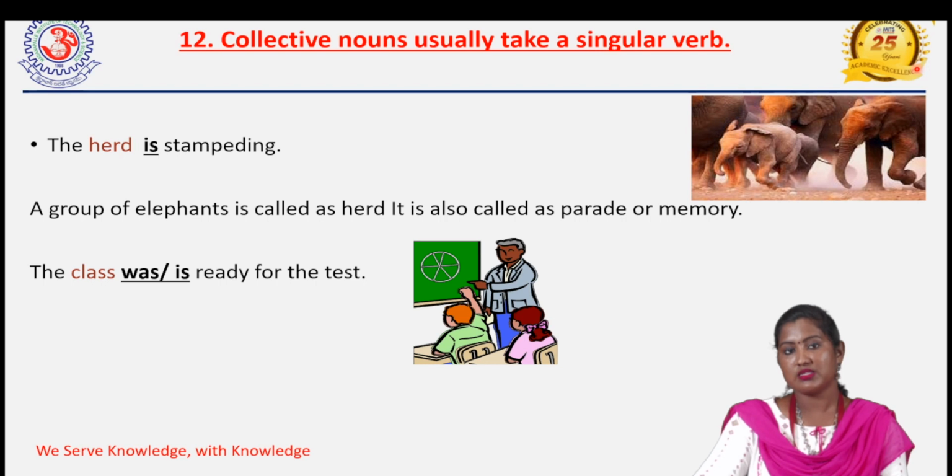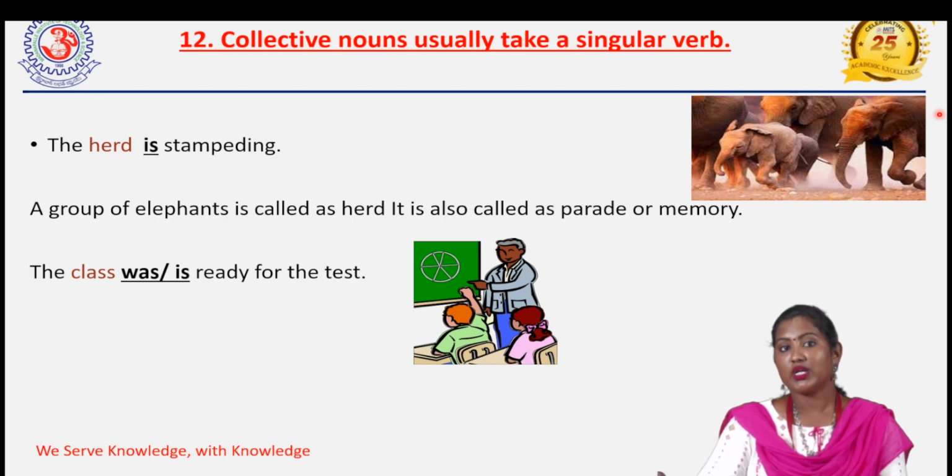Collective nouns we always treat as singular. So the herd is stampeding. Sorry, herd is stampeding. That is the right thing to be pronounced. And the class was or is ready for the test. So imagine the entire class, the class mentioned refers to the entire class of students.